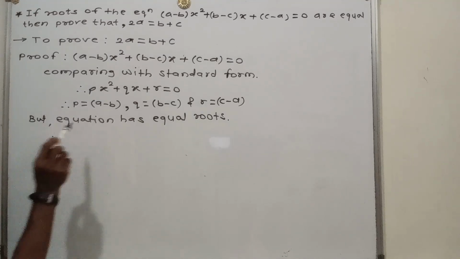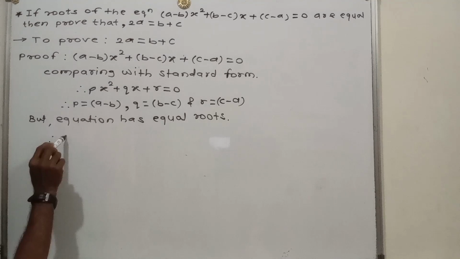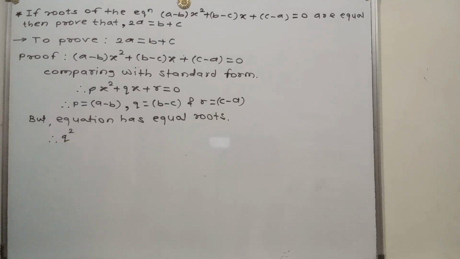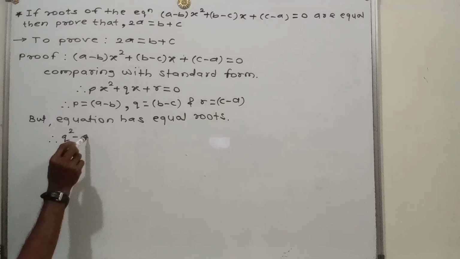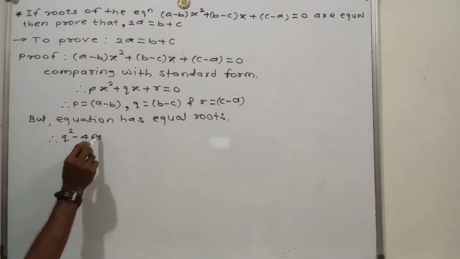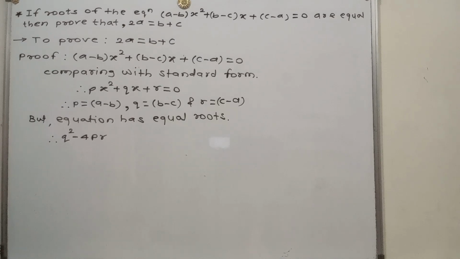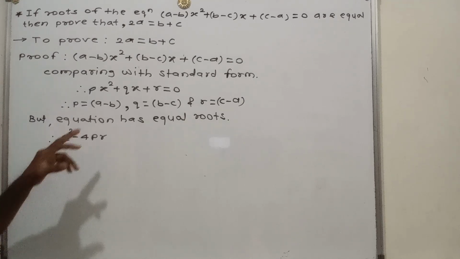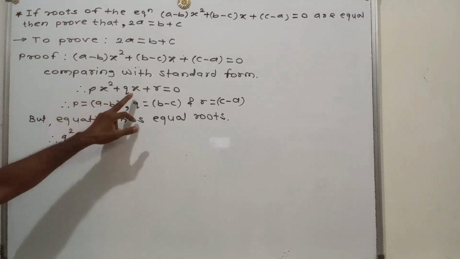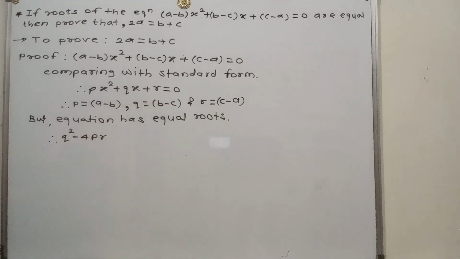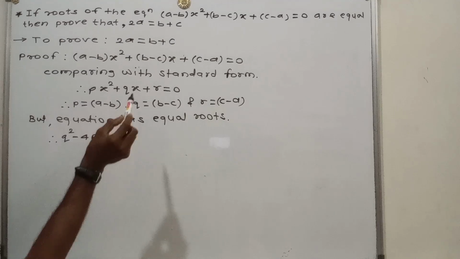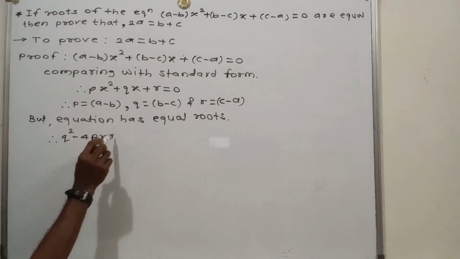Therefore, we write instead of b, what is our q? q² − 4pr. Did you get it? This is our discriminant when we take ax² + bx + c = 0, but now we have taken px² + qx + r = 0. Now we put values.